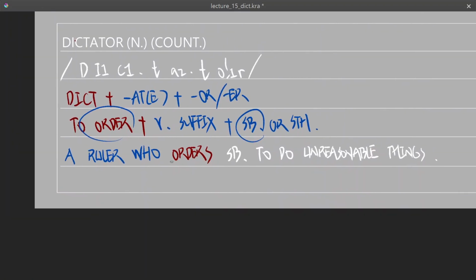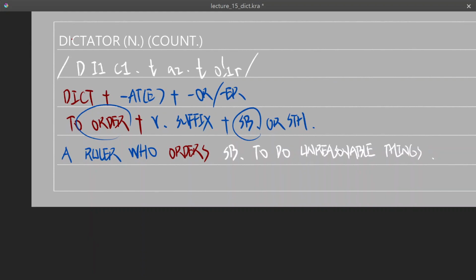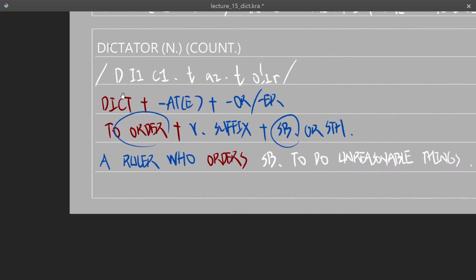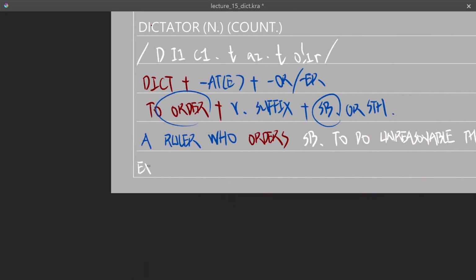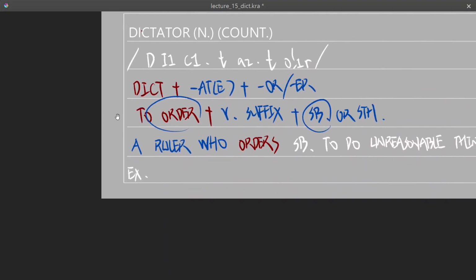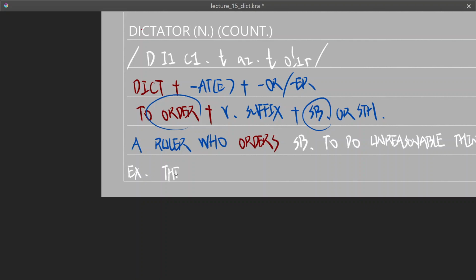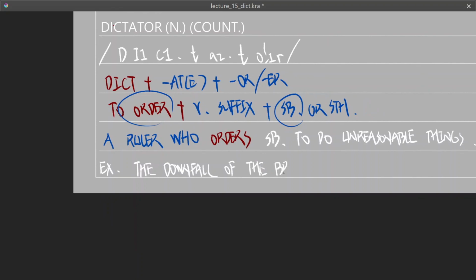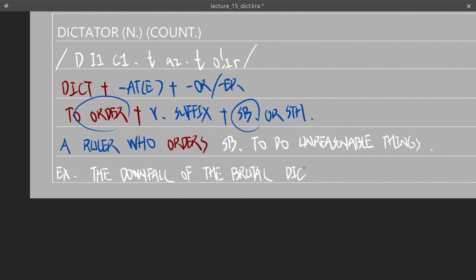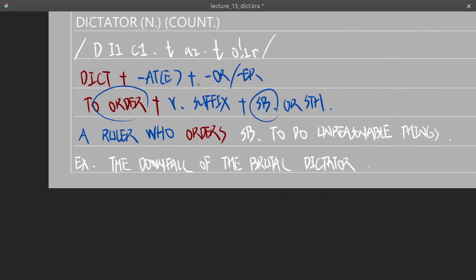Right, a ruler who orders somebody to do unreasonable things is a dictator. So, for example, let's say the downfall of the brutal dictator. That's it. The downfall of the brutal dictator.